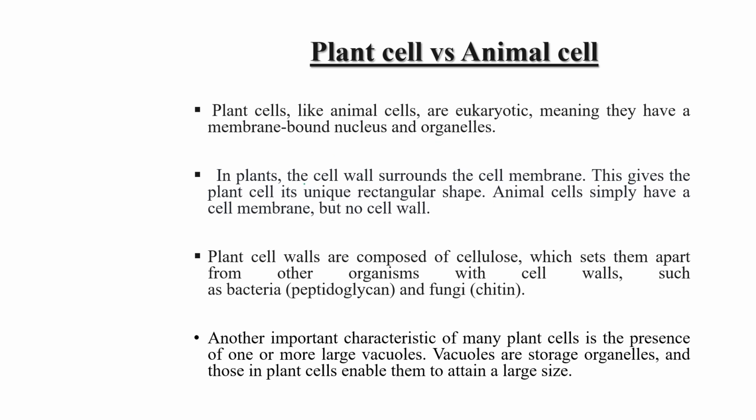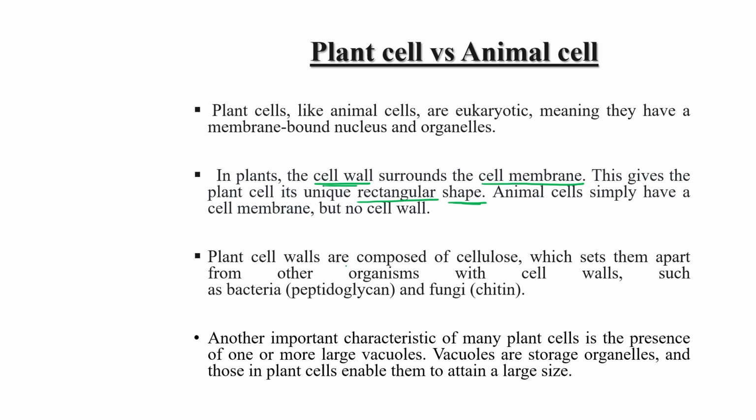In a plant cell, the cell wall is present just after the cell membrane, so the cell wall surrounds the cell membrane. This gives the plant cell its unique rectangular shape, while the animal cell simply has a cell membrane and doesn't have any kind of cell wall.